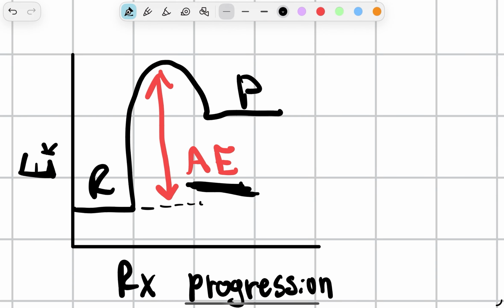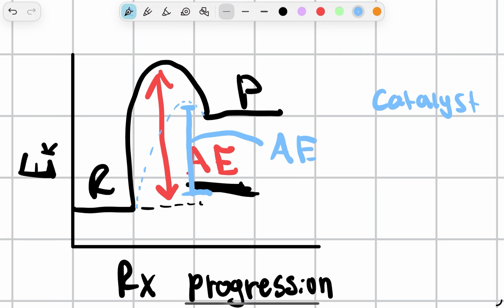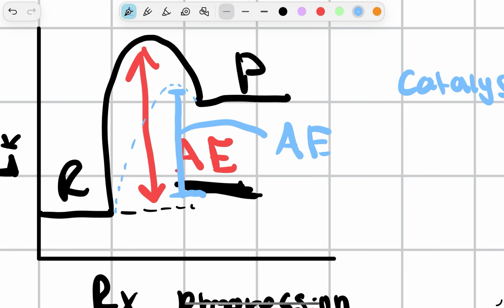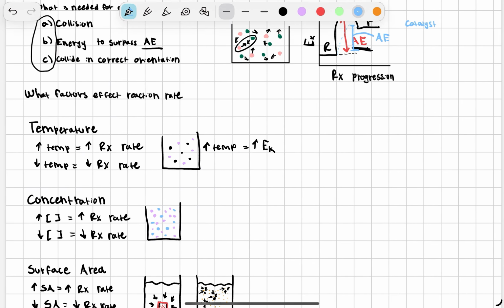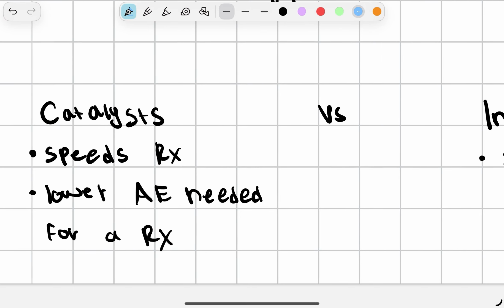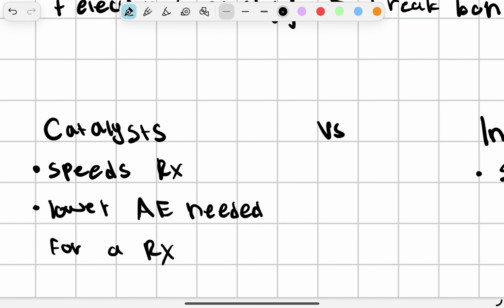This is a pretty large activation energy, but if I add a catalyst, say in blue, the catalyst will shorten the path to reaction, which will decrease the activation energy. We see that this distance between the reactant and product has decreased. That's how catalysts lower the activation energy. So particles can collide and they don't have to have such a high energy when they collide.